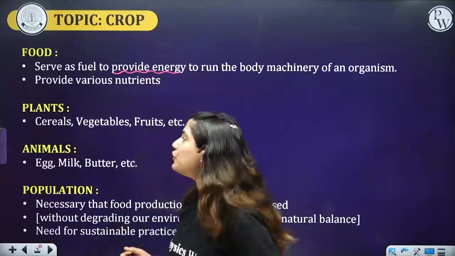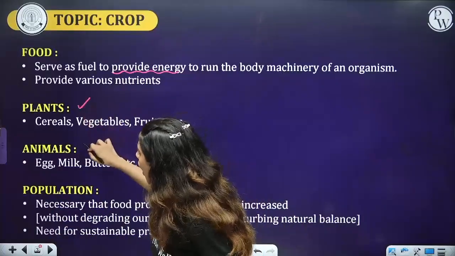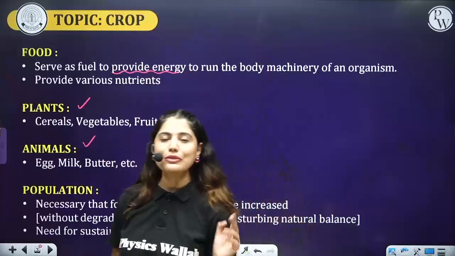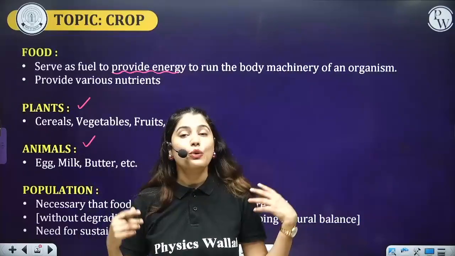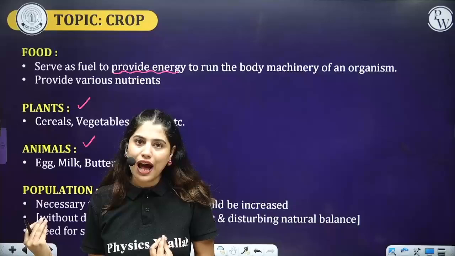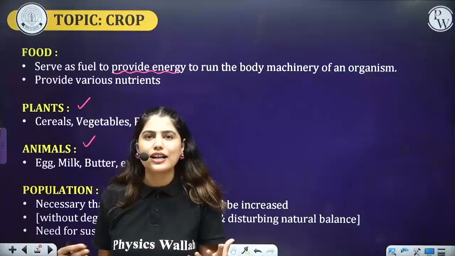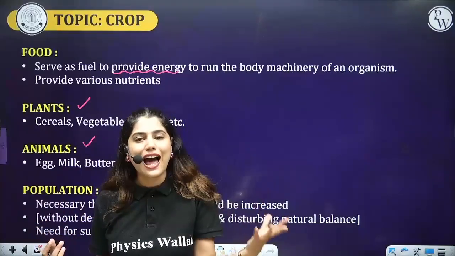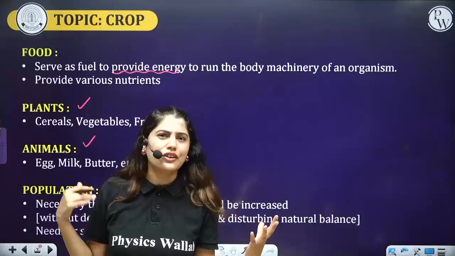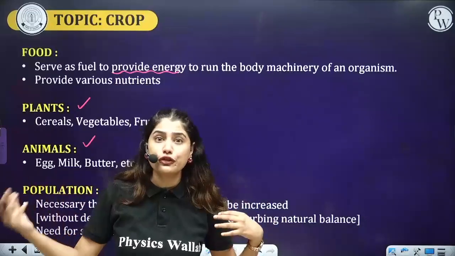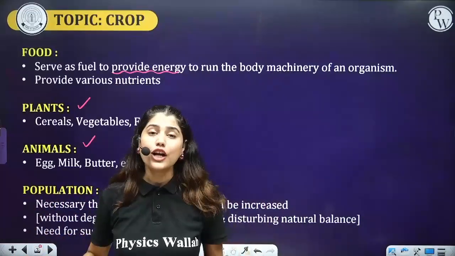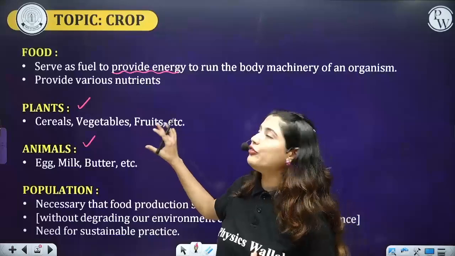You get your food maybe from the plants or the animals, right? What type of food you get from the plants? Either you're going to get the dals, the pulses, basically gram, or you're going to get the wheat or rice, or maybe vegetables and fruits and spices, right? So all these things you get from the plants.